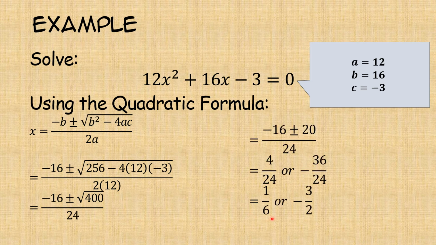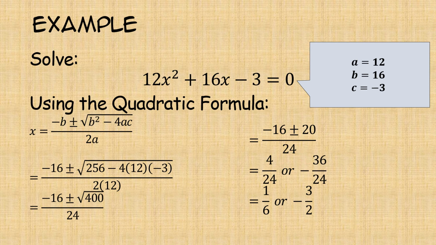Remember that since there is a plus minus sign, once we get to this stage, we need to split our answer into two. One to account for the situation where this 20 is positive, and one to account for the situation where this 20 is negative. That's how we get our two answers.